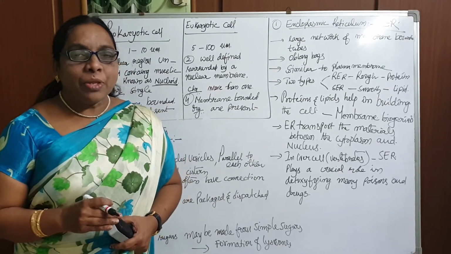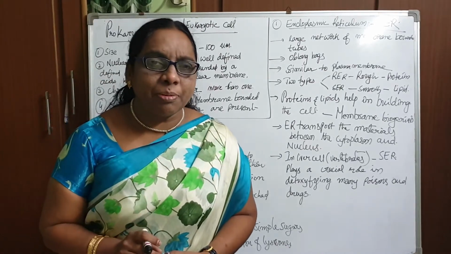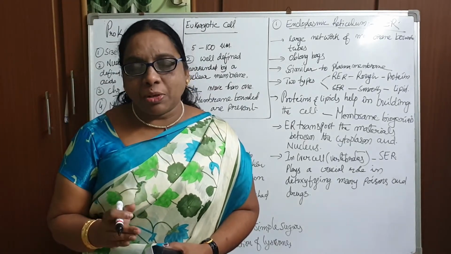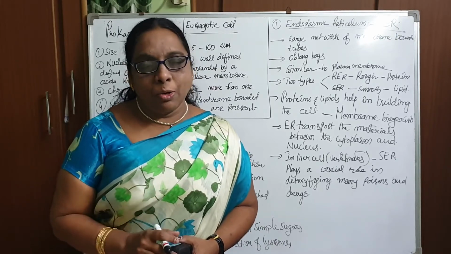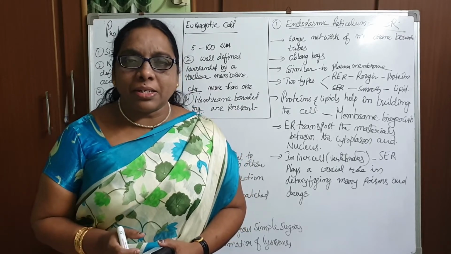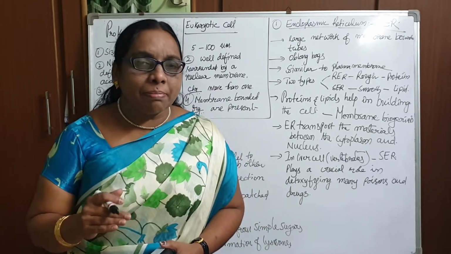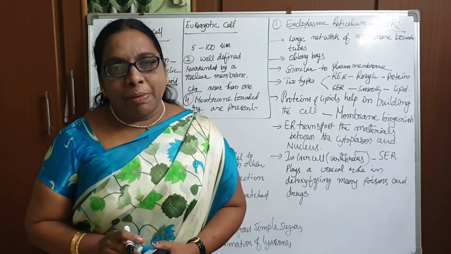In prokaryotic cells very few organelles are present, and they are not membrane enclosed. In the eukaryotic cell there are many organelles, almost all membrane enclosed, meaning they are covered by a membrane.